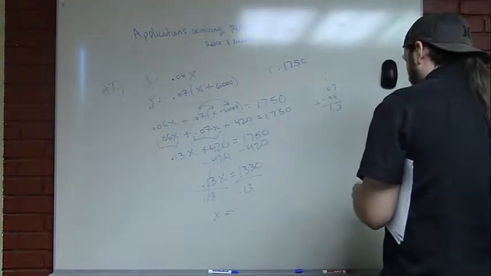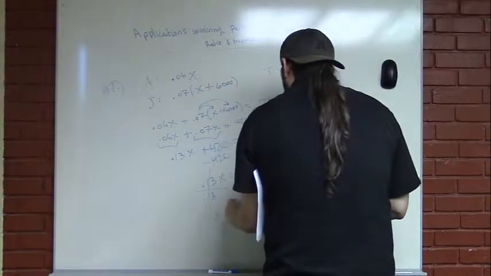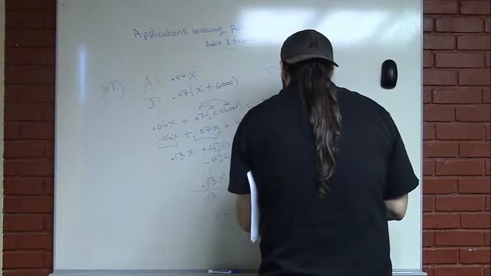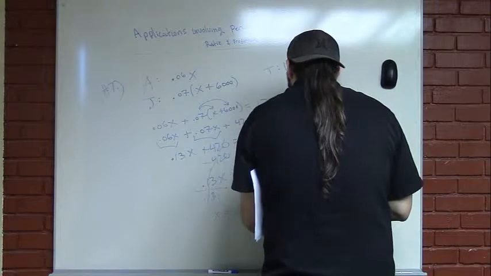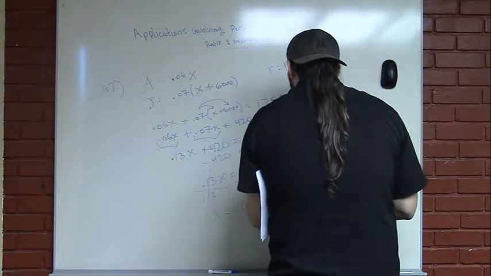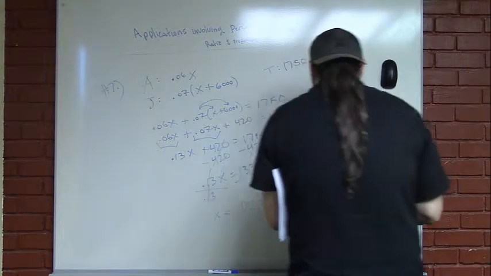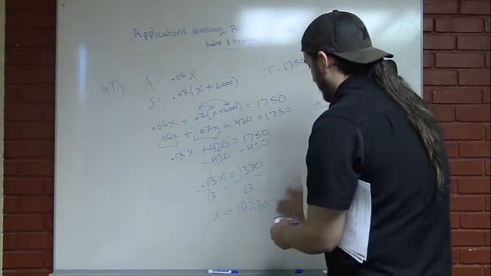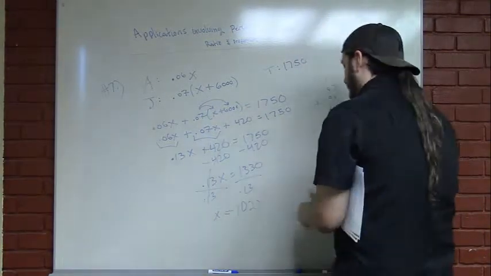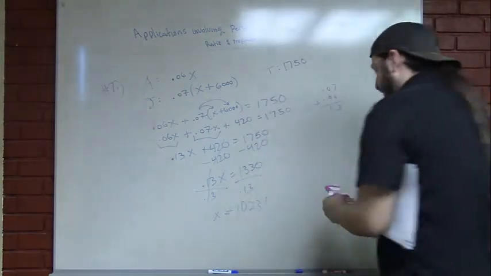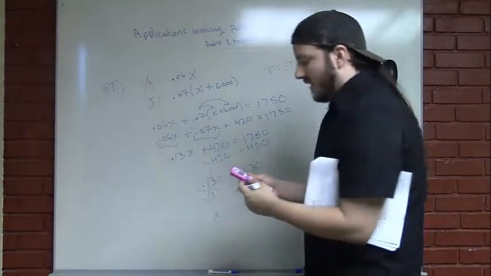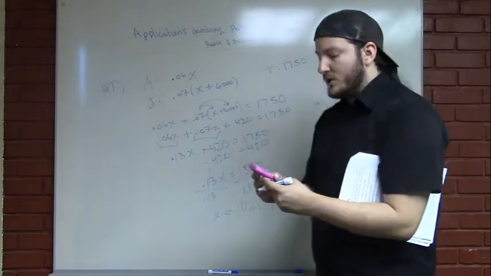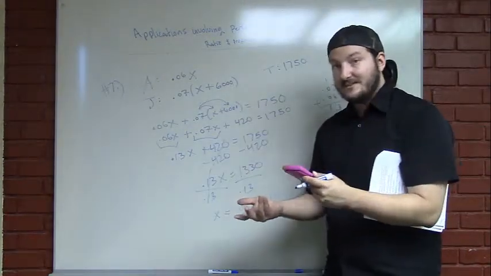Alright, so the first account we have 10,230.8, but let's just round this to a 1 here. Okay, so what you get in the calculator is 10,230.7.